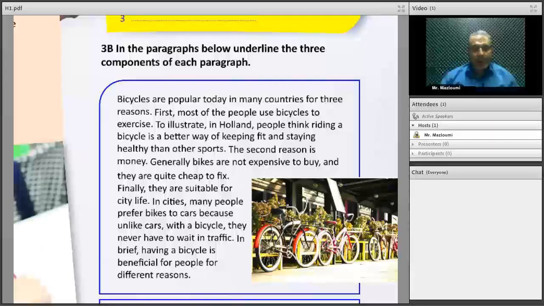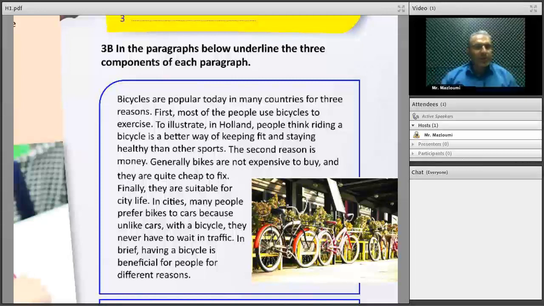3b. In the paragraphs below, underline the three components of each paragraph. So, what are the three components? What are the three parts of a paragraph, everyone? Yes, very good, great.